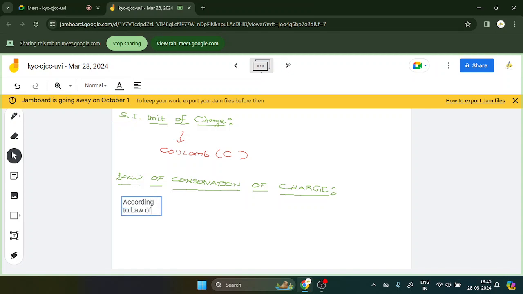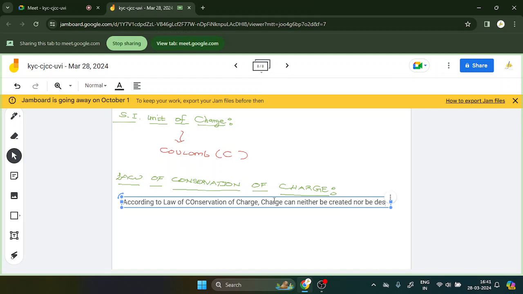According to the law of conservation of charge, charge can neither be created nor be destroyed. However, it can only be transferred from one object to another object.